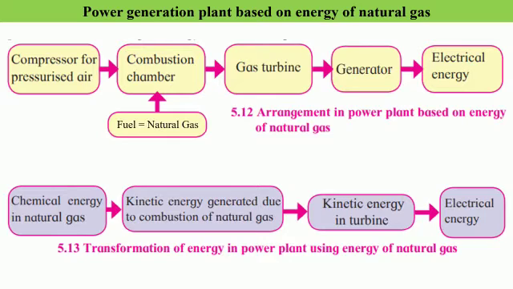Let us now try to understand how we obtain energy from natural gas. Here a flow chart has been given to you, showing the arrangement in the power plant based on energy obtained from natural gas. The first thing that we need is a compressor for pressurized air. A compressor is a mechanical device that increases the pressure of a gas.